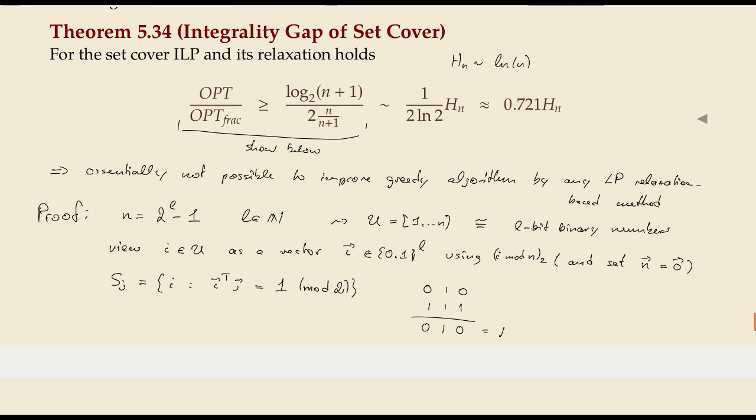So in the end, that's 1. Now this corresponds to the number 2, this corresponds to 1, 2, 3. That's 7, right?